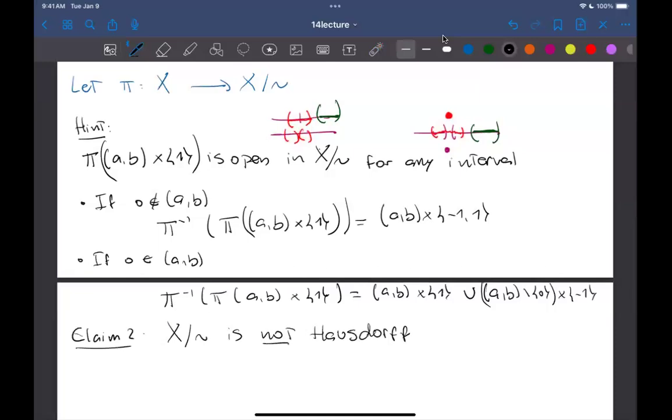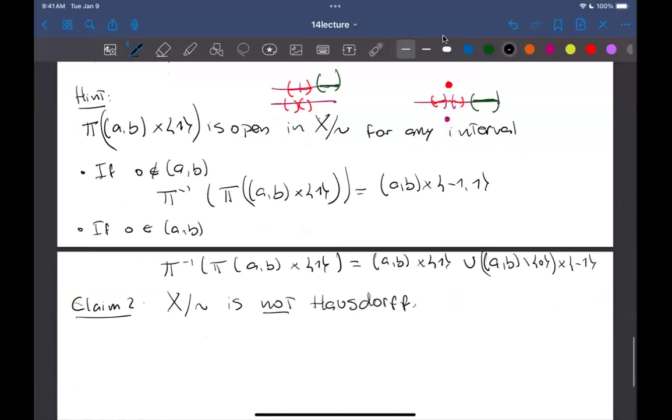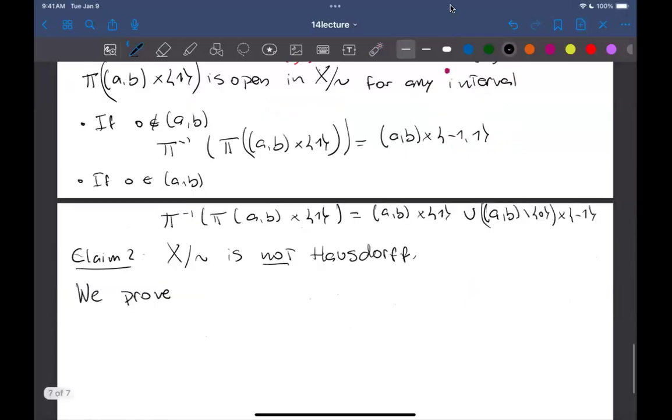That's not very easy to come up with unless you do trivial things. So why is it not Hausdorff? We can use our theorem that in a Hausdorff space, sequences will converge to at most one point.